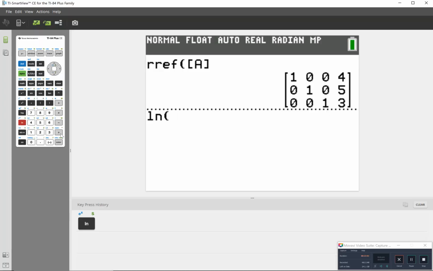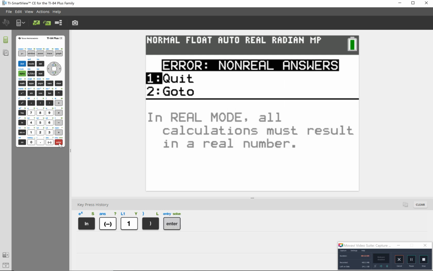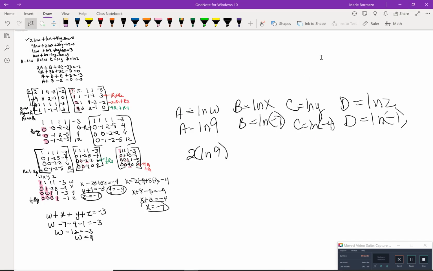Here's natural log. Let's do integer negative 1. I'll even give it the parentheses. So go see what it says. Non-real answer. So if you notice, I didn't bother with the solution set for this. So according to this, 2 times natural log 9 should be equal to negative 2. And that's if I add all of these values to it.